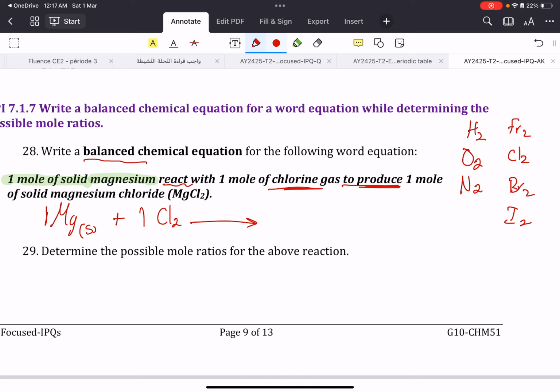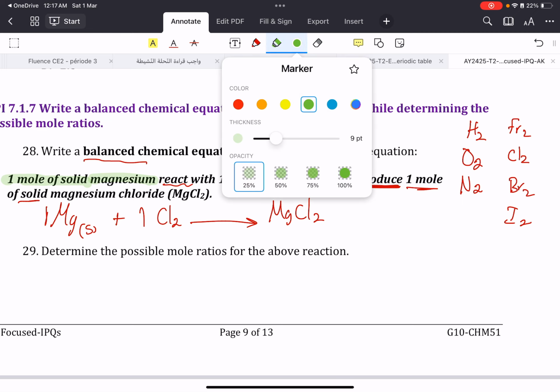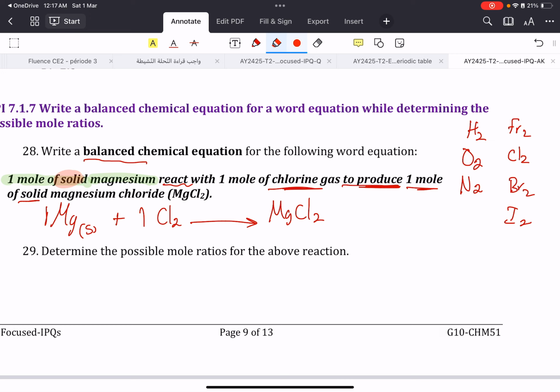When they say to produce, you put the arrow. To produce 1 mole of solid magnesium chloride MgCl2. When they ask you these questions, look for the physical states. We always deduct marks if the student did not put the physical state. So here they told us that chlorine is a gas and MgCl2 is a solid.